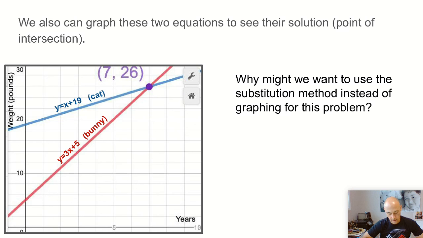I wonder if it does. Well, I think that graphing, let's say you don't have, this looks like it came from Desmos, I'm guessing. So let's say you don't have Desmos and you have to graph this by hand. It does depend. I think you're right, Mia.